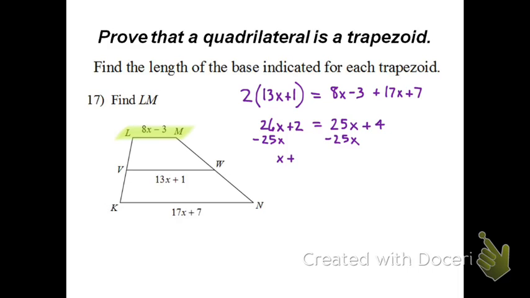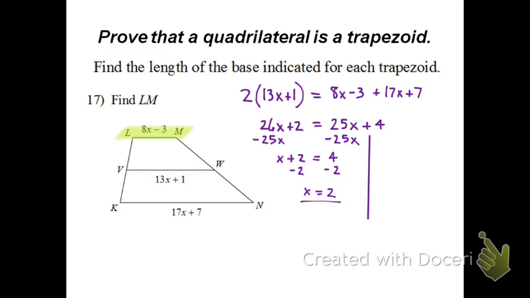We get x plus 2 is equal to 4, and if we subtract the 2, we are right there at the answer for x. X equals 2. Wow. But once again, do not forget that we need to plug this in to find side LM, the base up top.